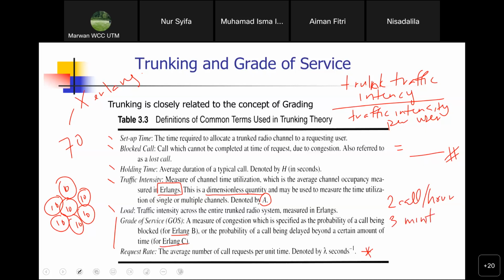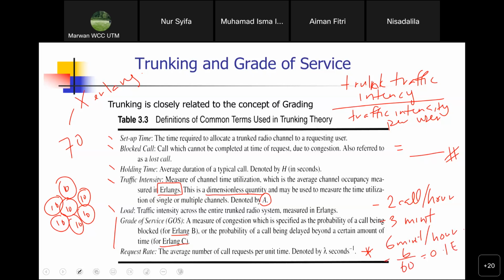It means one user will hold about 6 minutes per hour. 6 divided by 60 gives 0.1 Erlang. So the traffic intensity for that user in that area is about 0.1 Erlang.